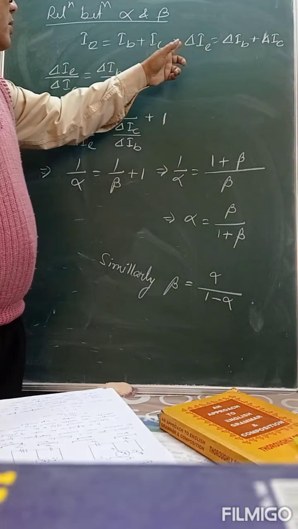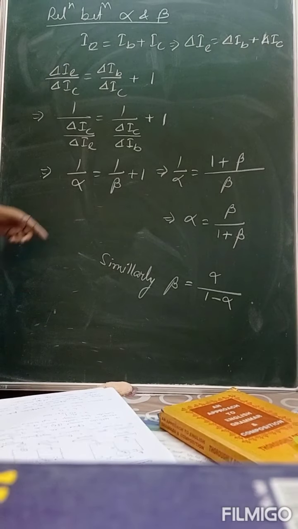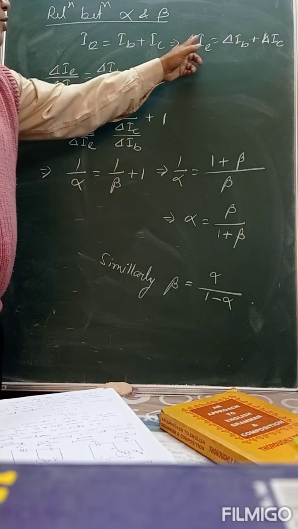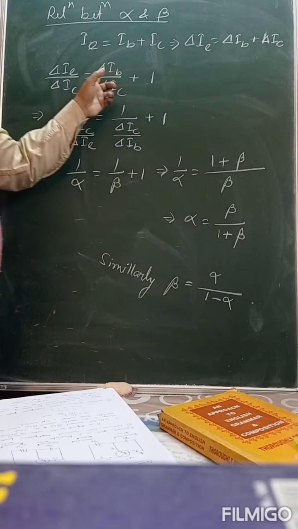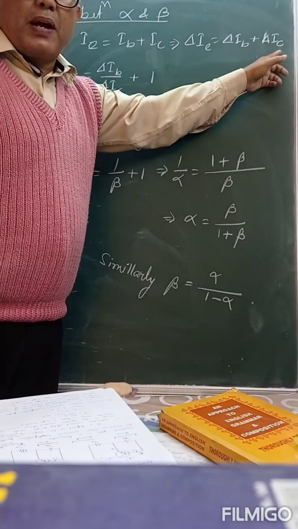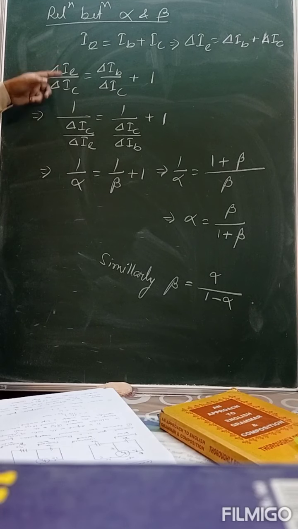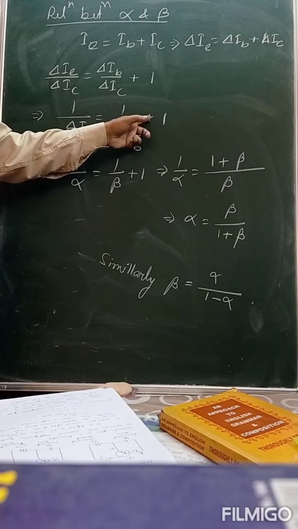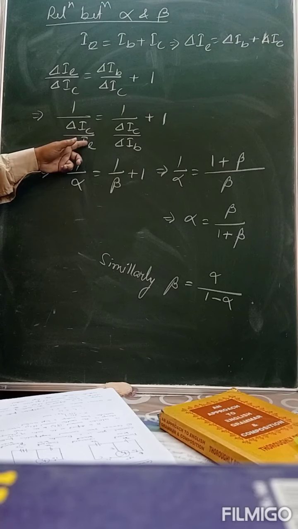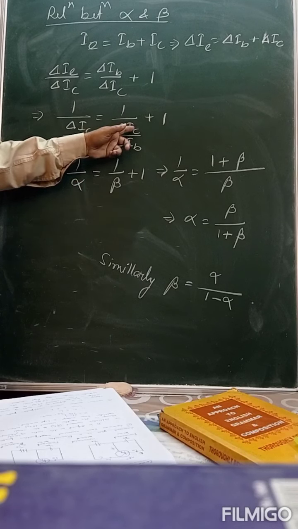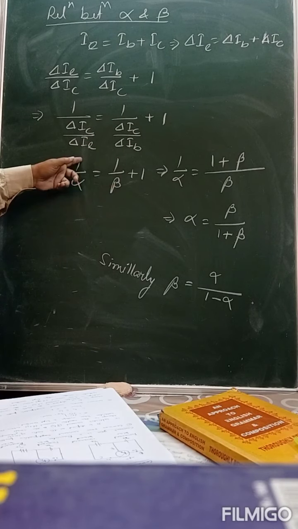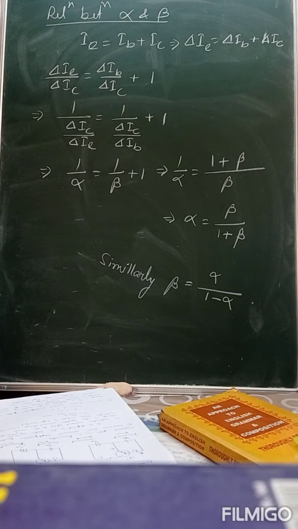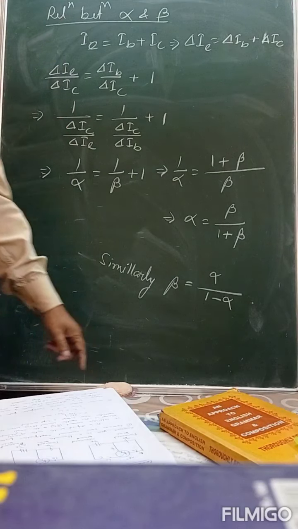Dividing this equation by change of collector current: change of emitter current by change of collector current equals change of base current by change of collector current plus 1. So 1 by alpha is 1 by beta plus 1. Taking the LCM, alpha is equal to beta divided by 1 plus beta. Similarly beta is equal to alpha divided by 1 minus alpha. Okay.